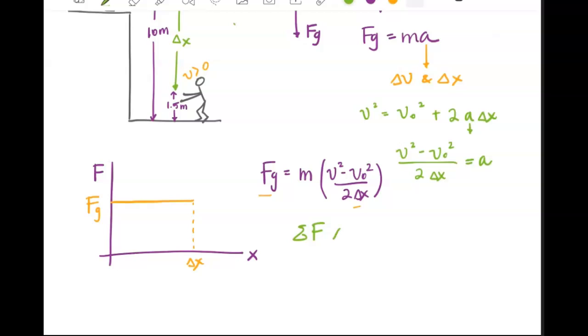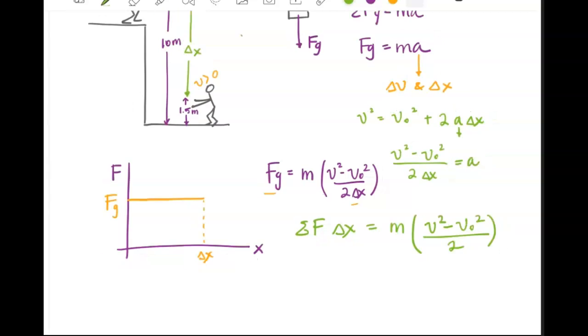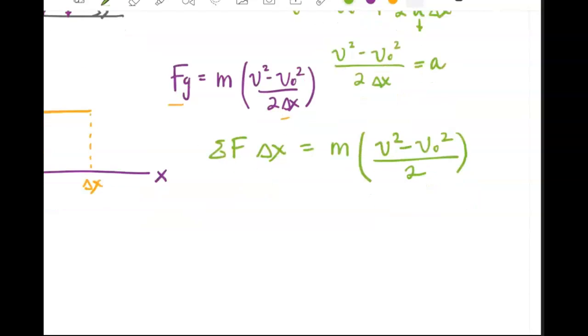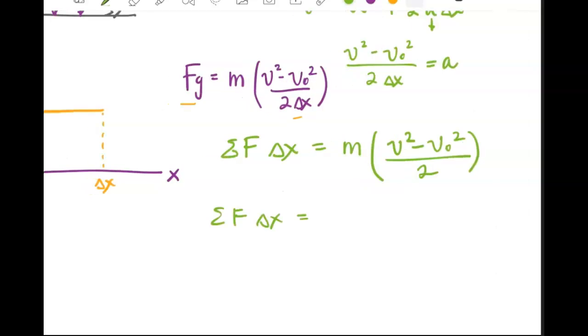And then times the delta x that's on the bottom, and that would equal m times v squared minus v initial squared divided by 2. So I have my delta x over here, and then this looks like mv squared divided by 2 minus mv initial squared divided by 2.